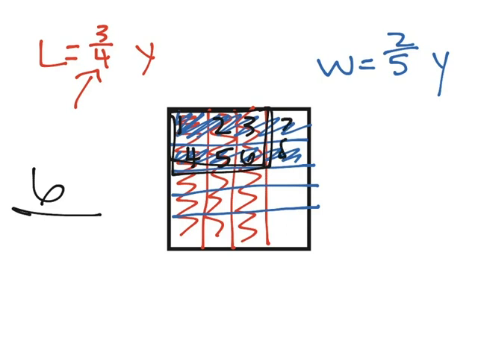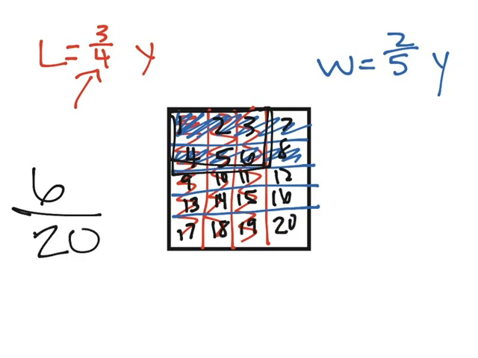Well, let's count. 6, 7, 8, 9, 10, 11, 12, 13, 14, 15, 16, 17, 18, 19, 20. 6/20 of a yard squared. And that is how you do finding area using fractions.